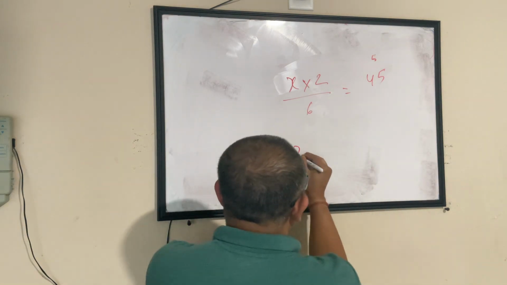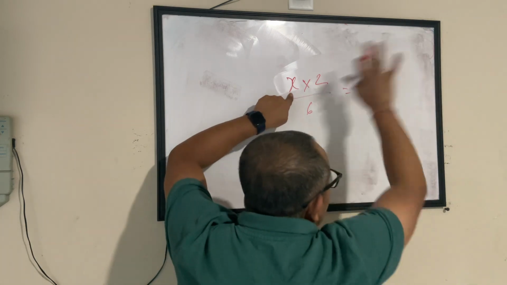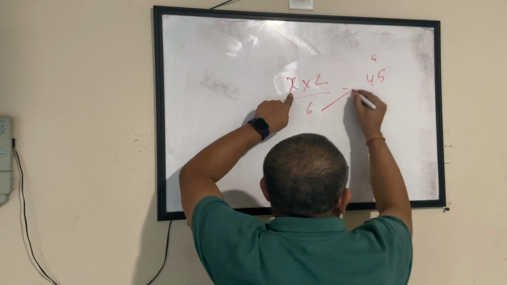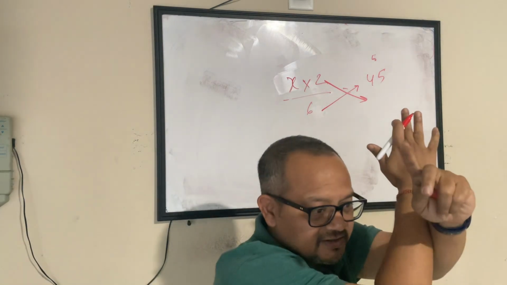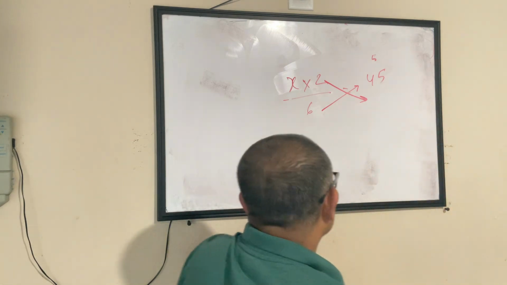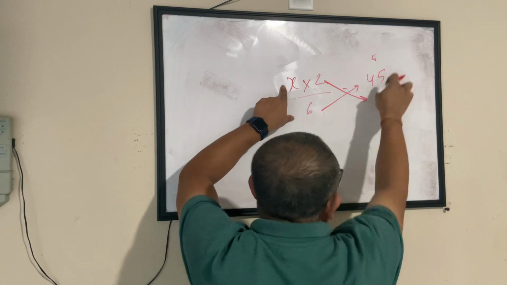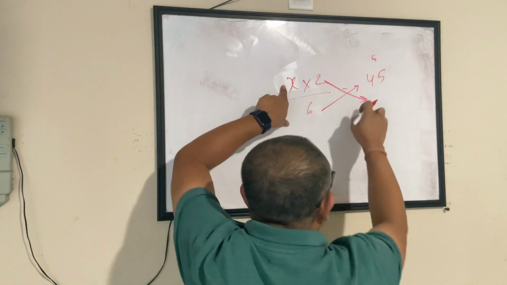Meaning, how can I do that? I want to keep only x here. Everything else I want to shift to the other side. How will I shift? This one is here, it goes here. This one is here, it comes down. So it's a crisscross. Okay? So if you want to keep only x on this side, and you are only dealing with multiplication, okay? It only happens with multiplication and division, this crisscross.